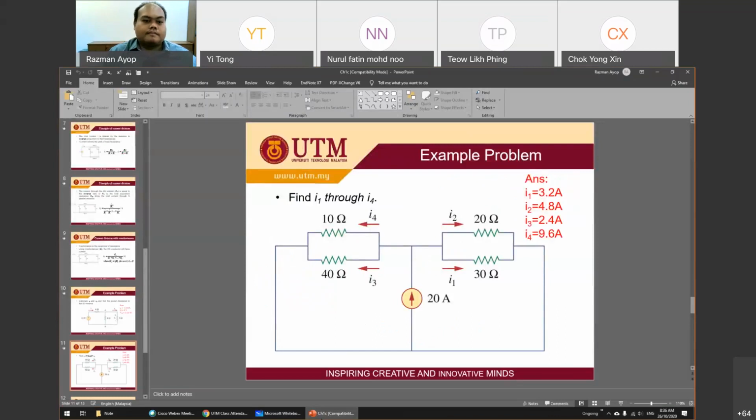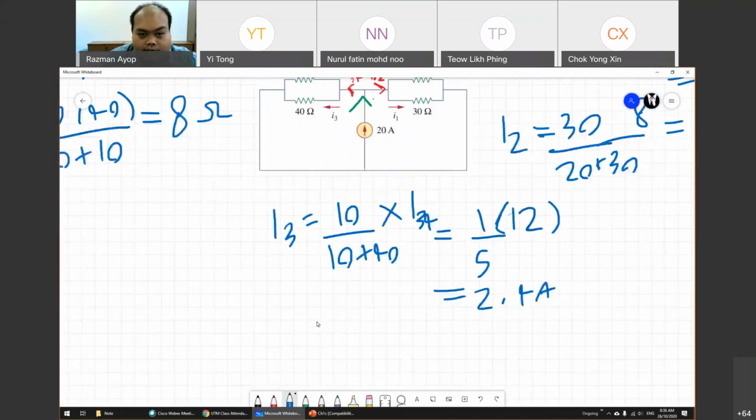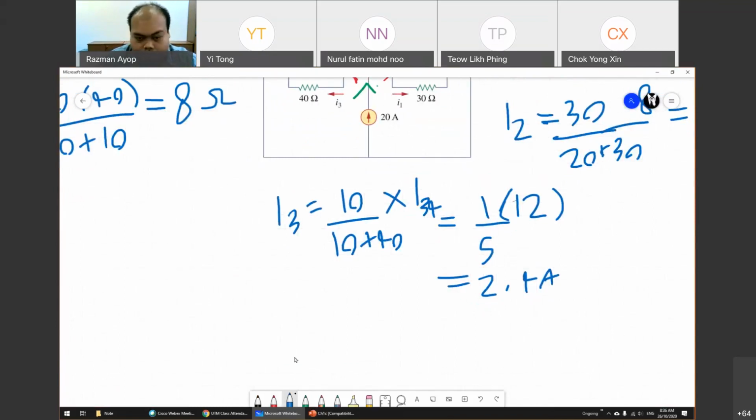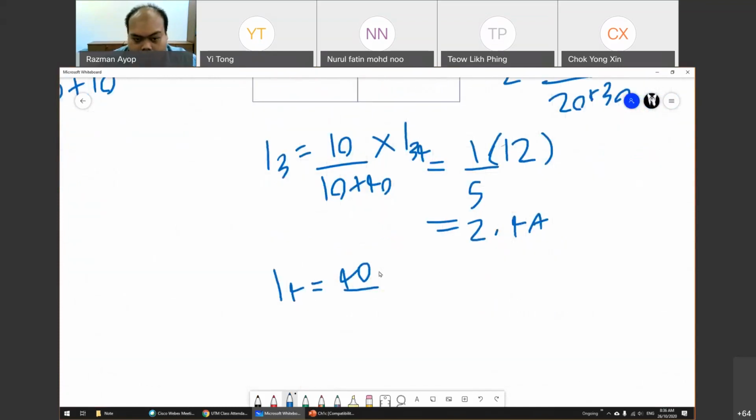Next, and the last one is I4. So you want to find I4, you have to use the resistance at the opposite side. So 40 divided by 10 plus 40 multiplied by I34, which is 12.